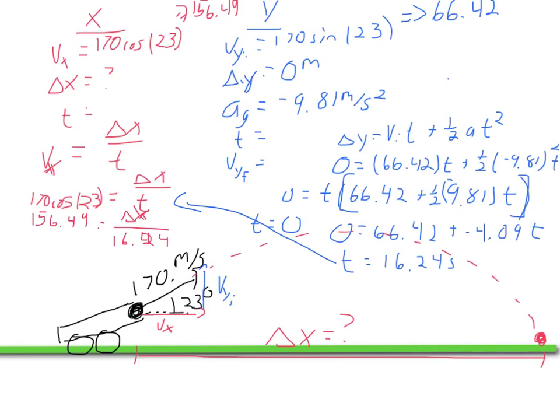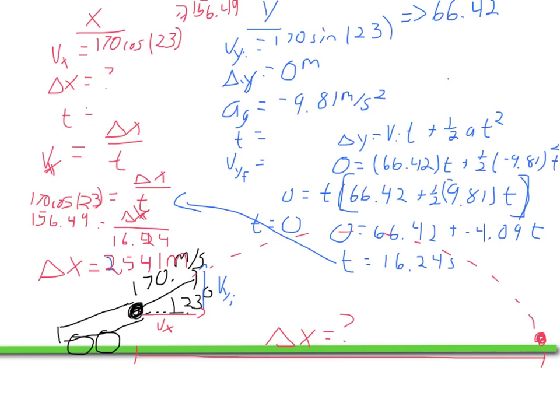Multiply both sides by 16.24, and I get 2,541 meters. Now, that's a long ways, but this is a cannonball we're launching here at 170 meters per second. Of course, it should be going a long ways.